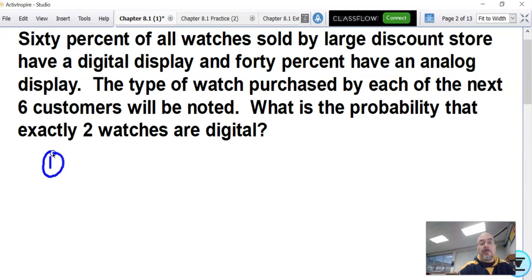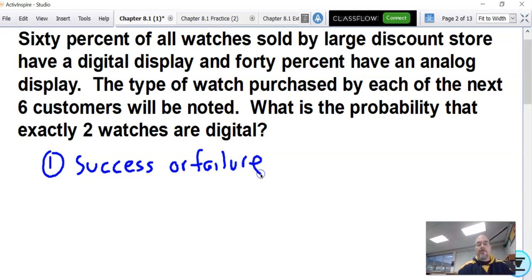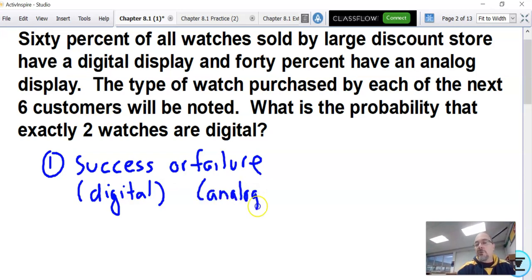So the first condition, again, is success or failure. Now, we're going to call success buying a digital watch, and the failure will be buying the analog watch. Now, I'm assuming you all know the difference between digital and analog.